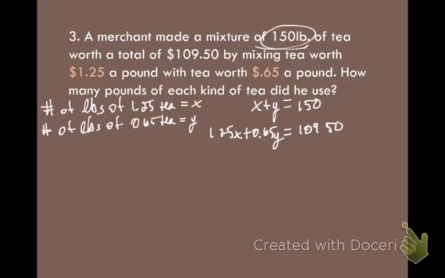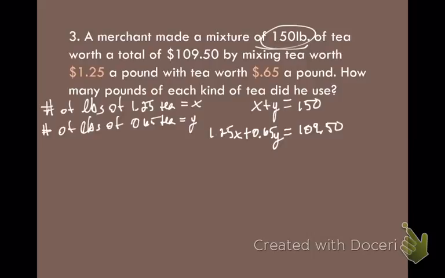Now, I want to convert the number of pounds into how much money. And apparently 150 pounds of this tea is going to be worth a total of $109.50. So I converted 150 pounds to the amount of money it costs. Now, how do we find out how much the $1.25 tea is worth?